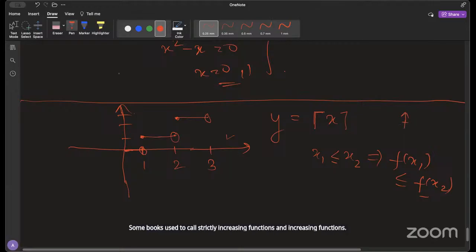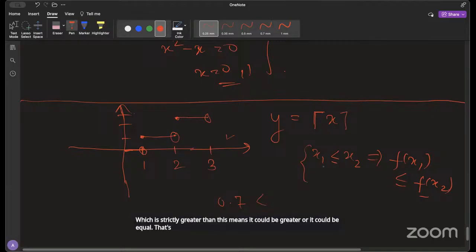Suppose let's take a value 0.7 and 0.9. Both of them have the same result. So how is it increasing then? Because it satisfies this condition. If you take 0.7, which is strictly greater, it could be greater or it could be equal.